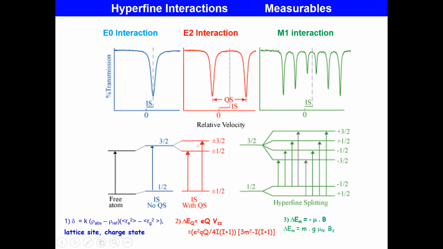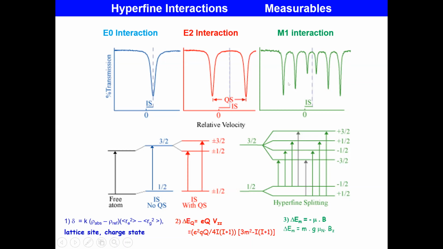And here again, this absorption takes place when that resonance occurs, and that peak comes in when the energy equals this. We call this the quadrupole shift in energy, and the shift of the zero point from your reference zero gives you the isomer shift.